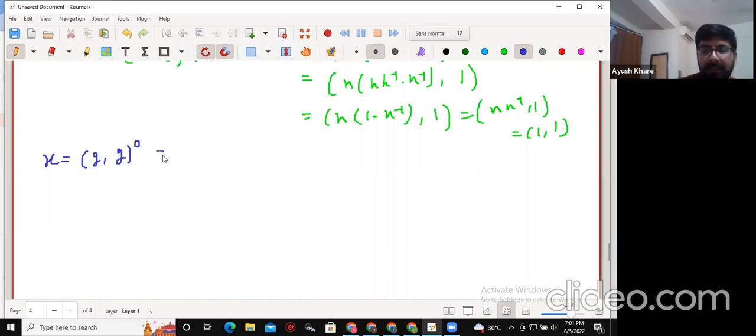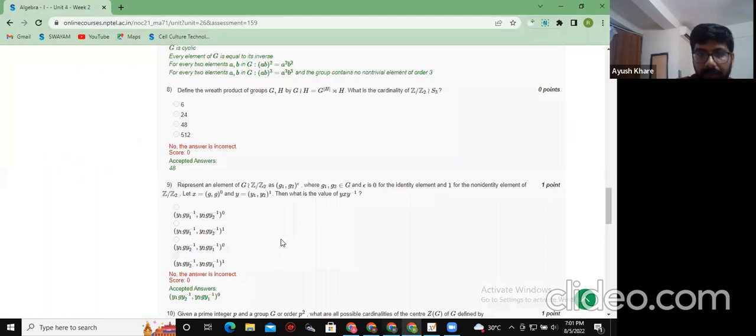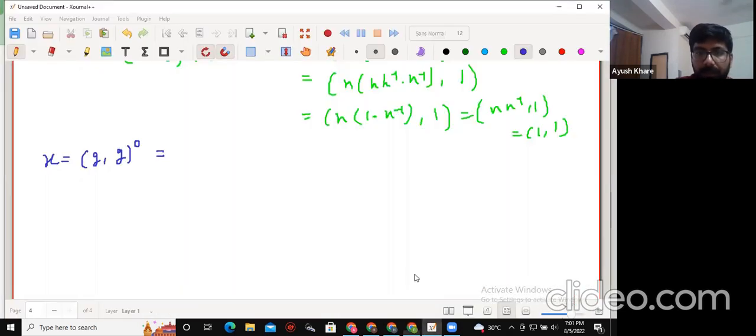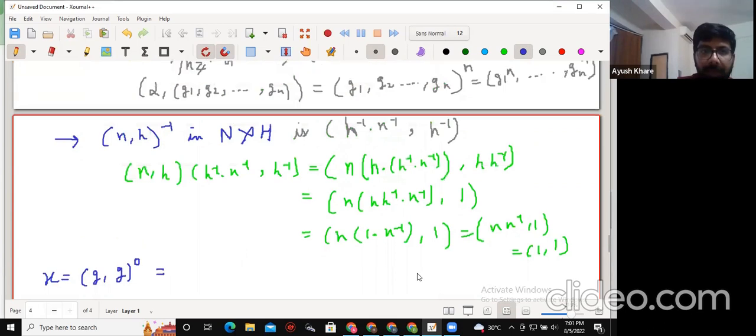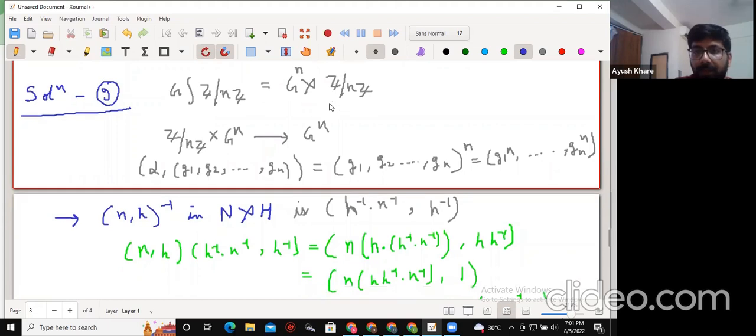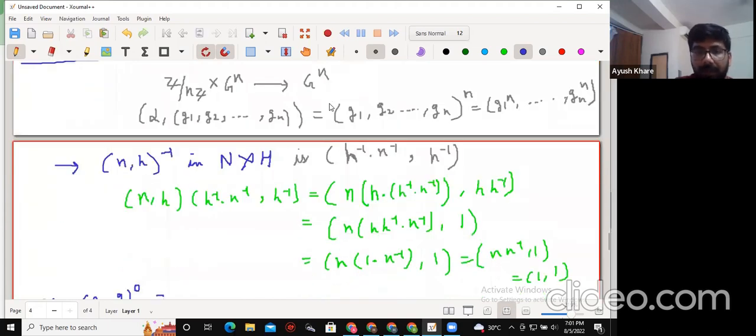So see, this is an element of G square semi-direct product with Z mod 2Z. Because G direct product G, semi-direct product with Z mod 2Z. If N is 2, then it's just G square semi-direct product with Z mod 2Z. So it should be a 3 tuple.